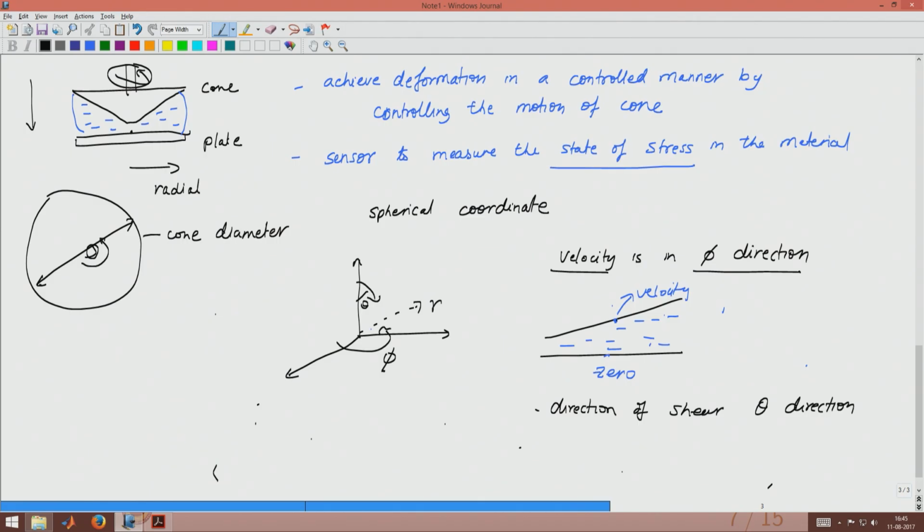As you go from this point to this point, we have this vertical line, similar to this one. From here we measure the angle theta. So, theta measures the top surface as well as the bottom surface, and of course this bottom surface is theta equal to pi by 2.